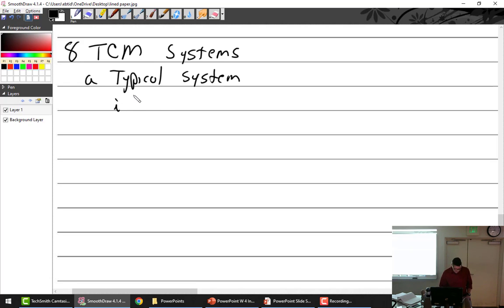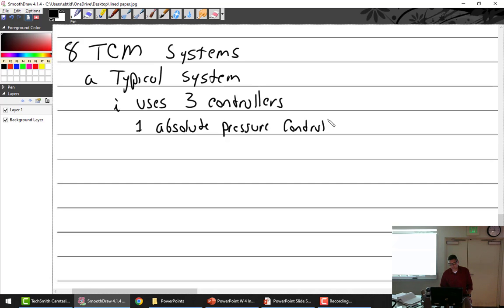The typical system uses 3 controllers. And wouldn't it be nice if they're exactly the same? They're not. We have an absolute pressure controller. What do you think that's like? Density controller? Okay, I like that. Sounds a little bit like a constant pressure relief valve, too.